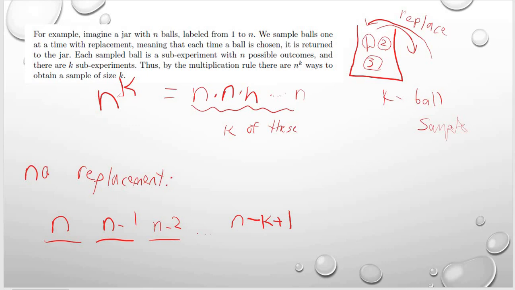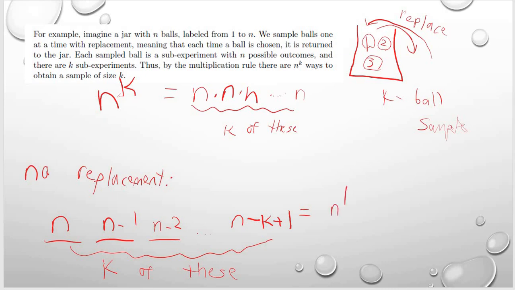plus 1, because we want to make sure that we have k, and this is one of those unpleasant things about endpoints. We take the difference and we get k minus 1, but remember I have to count both endpoints. Since we're not interested in the difference, we're interested in the total number of balls that have been sampled. And this looks again like it will fit our permutation formula.